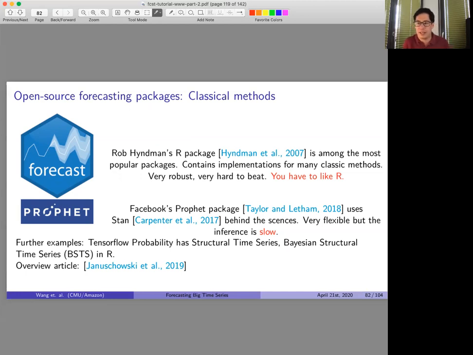TensorFlow has some time series capability built in, and then there's of course a plethora of forecasting packages or time series packages in R. And there's an overview article that we wrote in 2019 on some Python-based open source forecasting packages.